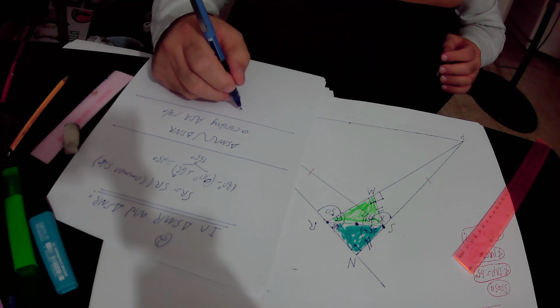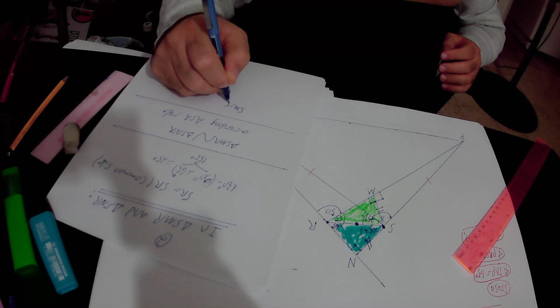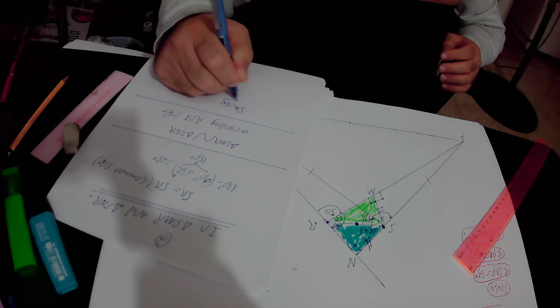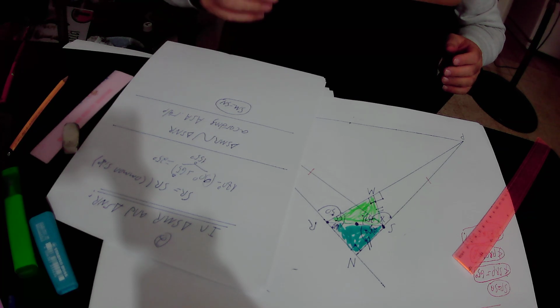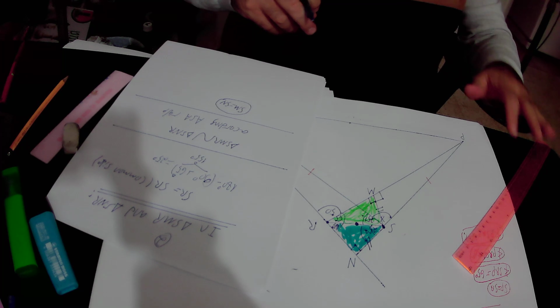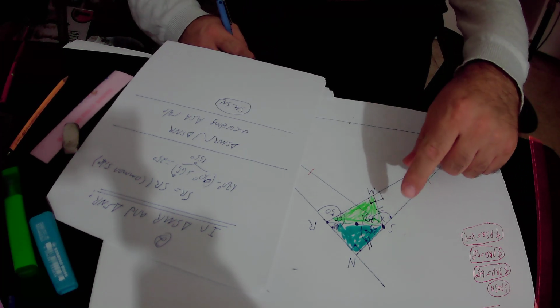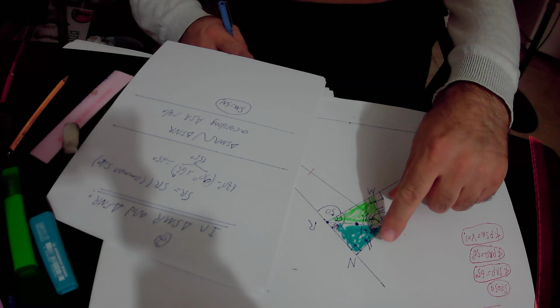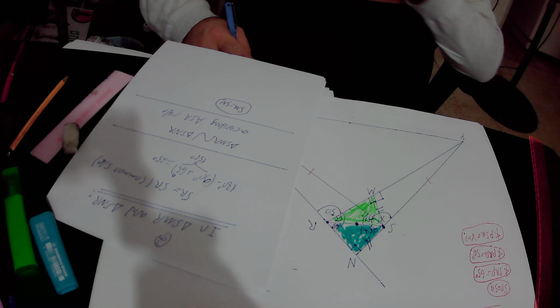So I will write it down. SM is equal to SN. Okay? According to the rule that corresponding sides in congruent triangles are equal to each other. Those two triangles can go into each other, therefore the two corresponding sides will also be equal to each other.